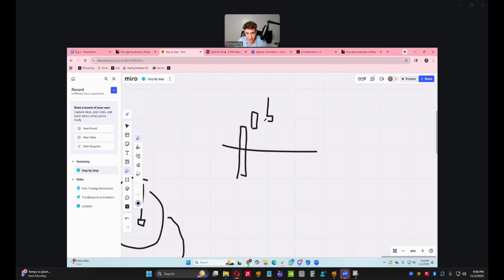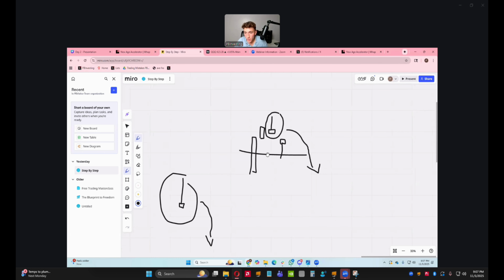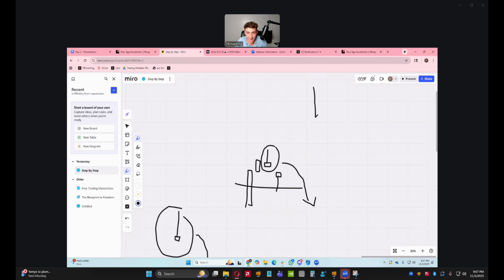Then you have something like this. This is a sign the stock is going to reverse. You do not enter after you see a candle like this. Okay? So even if it retests, it doesn't matter. You don't enter. This is a sign that it's going to reverse. Because what happens is when you see these nasty wicks at high of day, let me explain them to you guys.